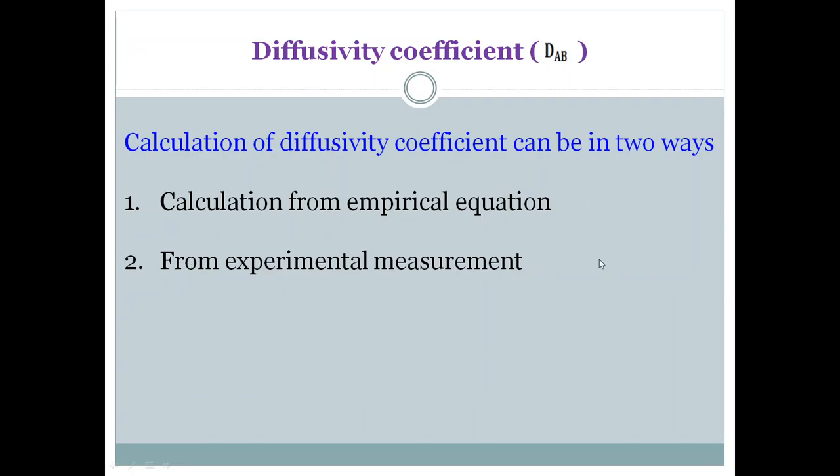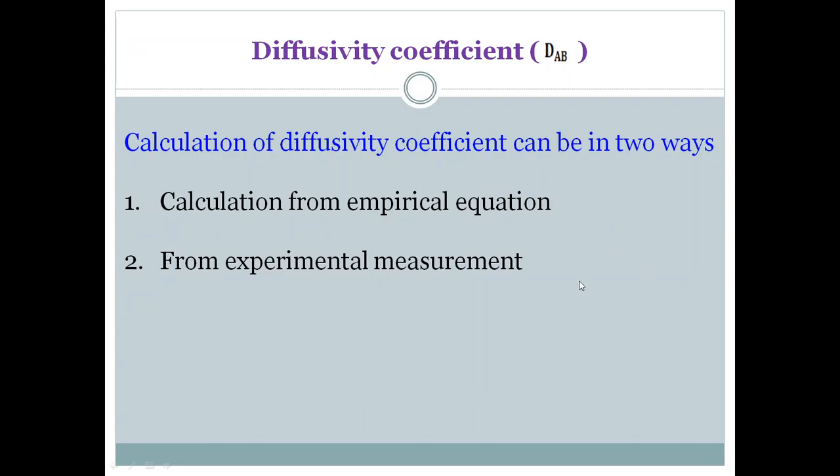Then if they see, okay, let's take it is coming 1.5 into 10 to the power minus 5, and here it is coming 1.4 into 10 to the power minus 5, that means it is accurate. Let's check, if it is coming 1.5 into 10 to the power minus 6, and here it is coming 1.2 into 10 to the power minus 8, that means there is some problem.